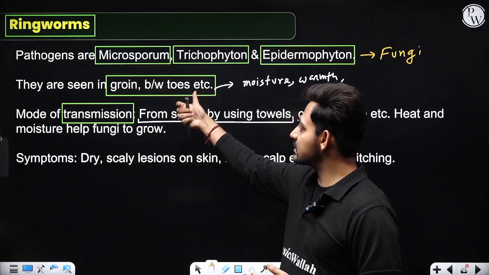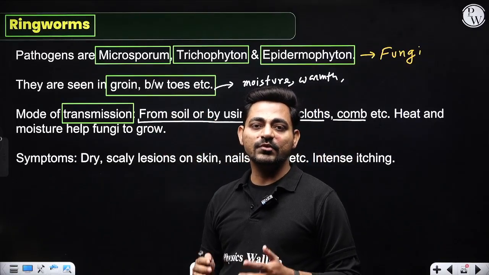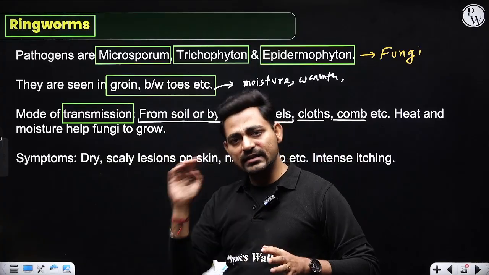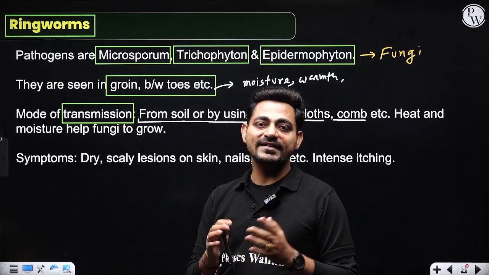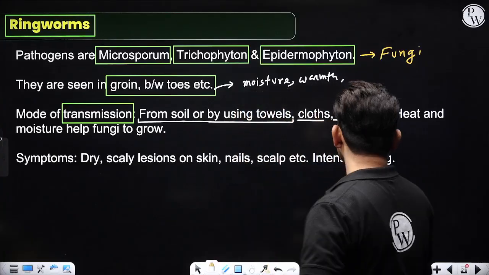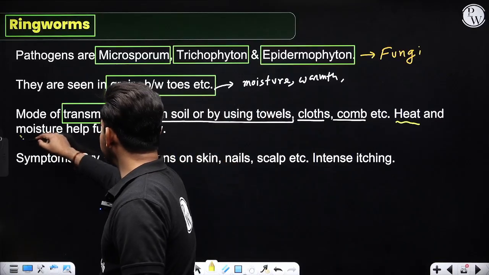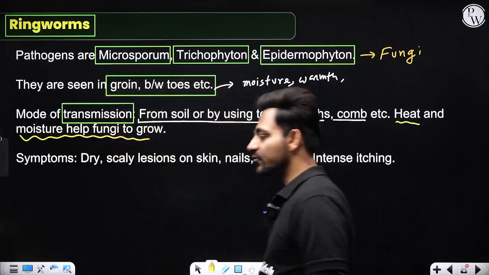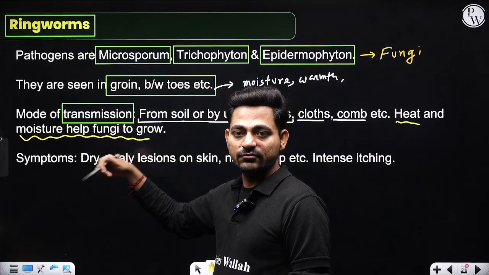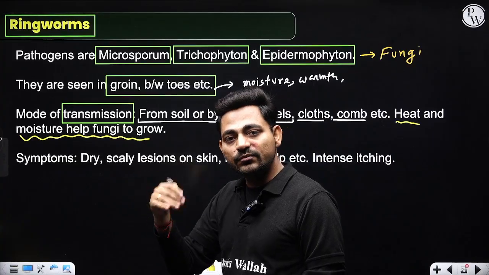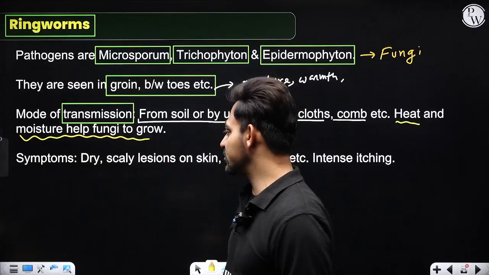Particularly these hidden areas of our body, they attack the pubic region, or they may attack any part of your body, but most of the time they attack the hidden parts. Heat and moisture help fungi to grow. This is the line I was telling, that's why they tend to attack the groin, armpit or hidden pubic regions.